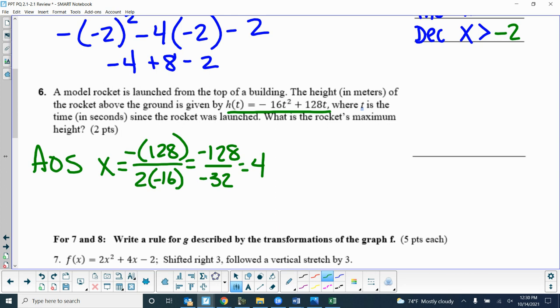When I did this earlier, I got like a crazy high number. If you just put it all in your calculator, you need to put an extra set of parentheses in there. Yeah, because I got 1,024. You put something in wrong. Okay? So we're going to put 4 in for the t.